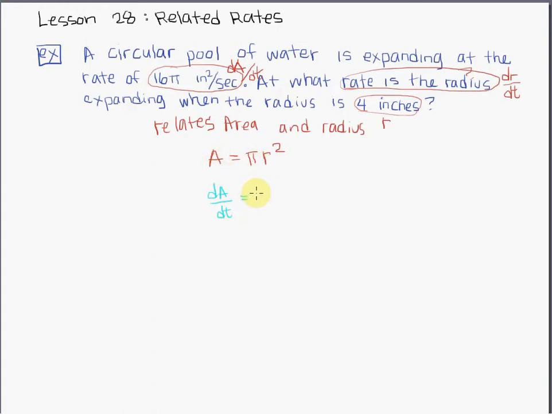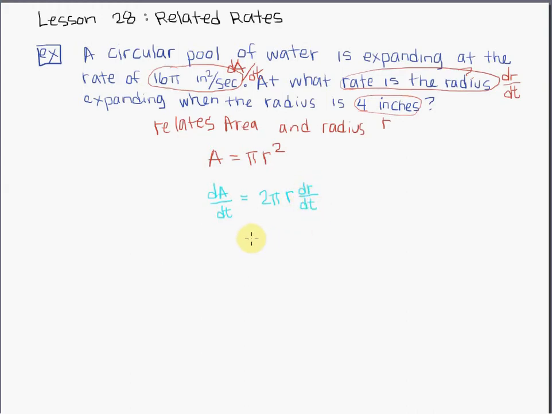Then, remember pi is just a number, so this is the same thing as 3r squared, so you just bring your 2 down. So we get 2 pi r, and because this variable is not a t, we have to use implicit differentiation and multiply by dr dt.